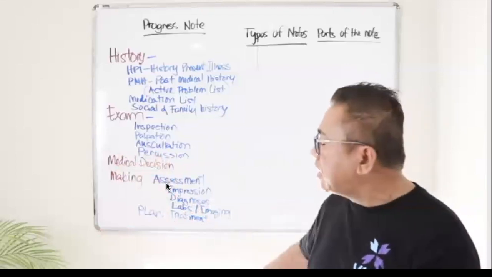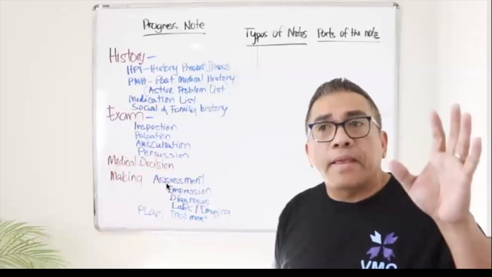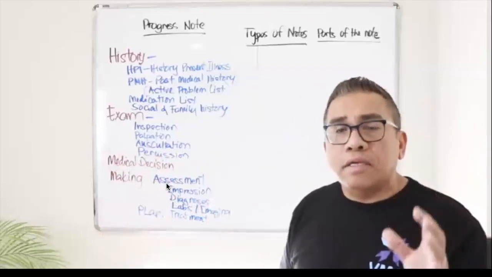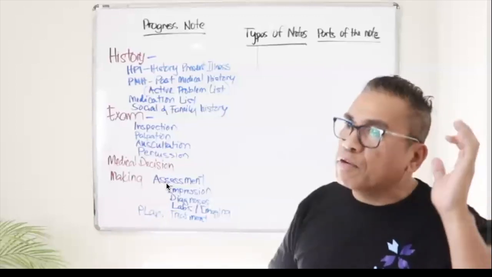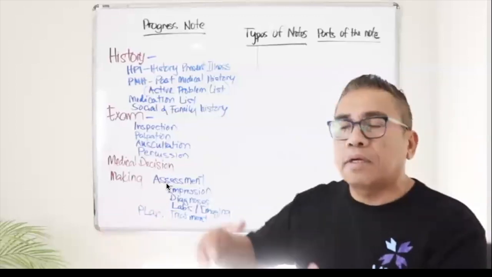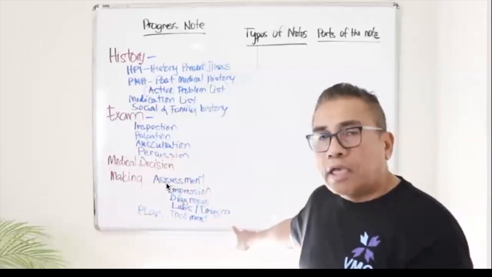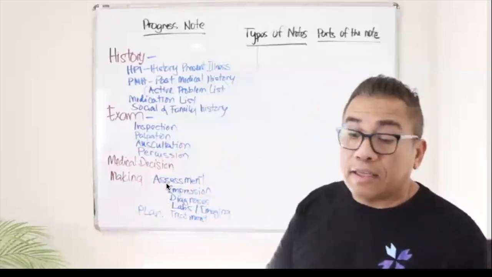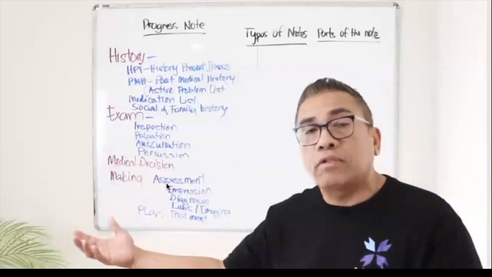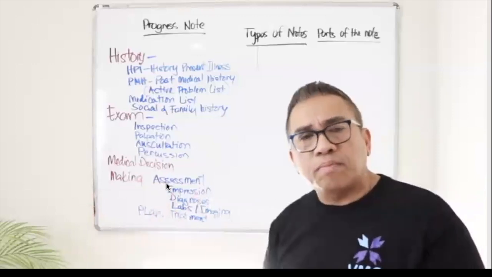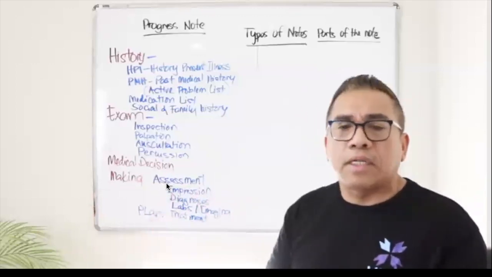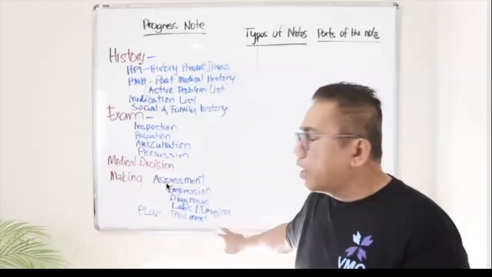So everything is in the plan. Now, if the doctor wants a professional opinion from another doctor, he or she would also put it in the plan, like you are going to be referred to an endocrinologist, a weight loss specialist, or physical medicine and whatnot. These are all part of the plan.